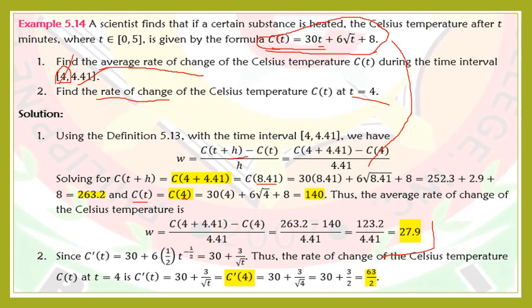So, ibig sabihin nun, the rate of change of the Celsius temperature at t equals 4, replace lang natin yung t dito, yung na-derive na rate of change. Replace natin yung t by 4. So, we have 63 over 2. Okay, so that is an example of a derivative as a rate of change.